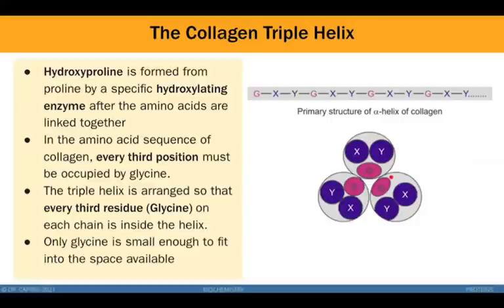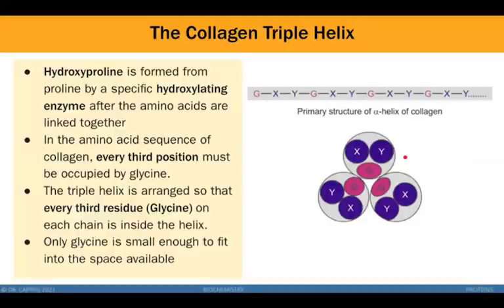Because it has a small side chain. So it actually maximizes space for the triple helix, and it is small enough to fit into the space available. It is the only amino acid that can fit the small space inside the triple helix. That is why glycine is located in the inner part of the collagen.